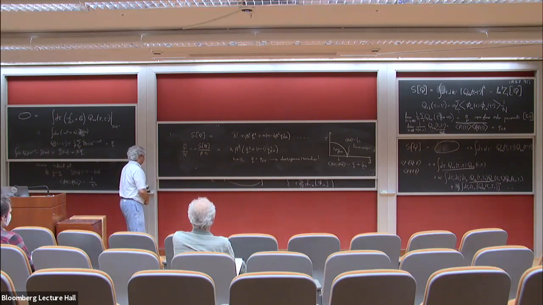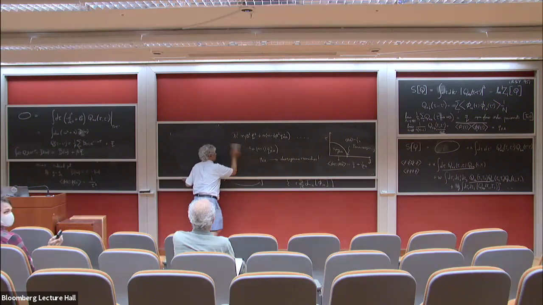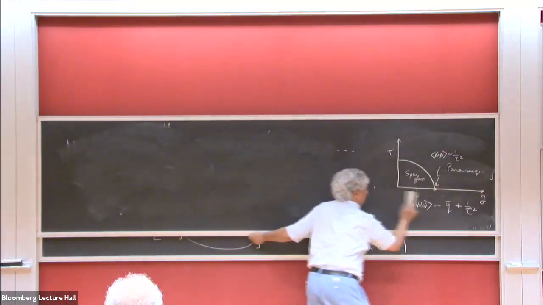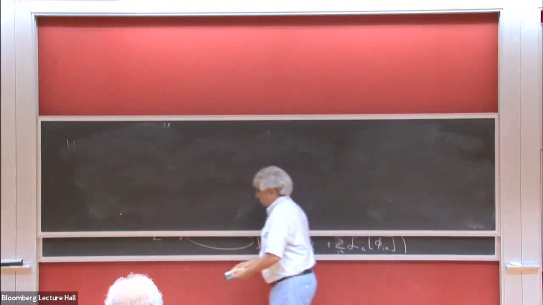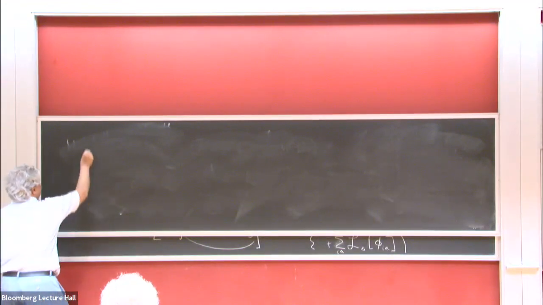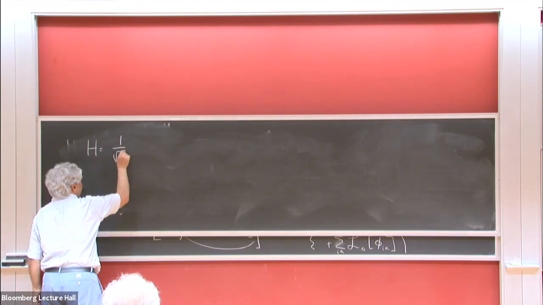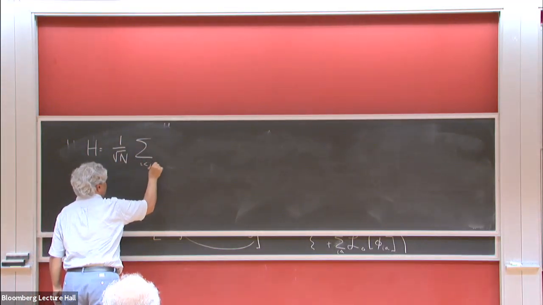All right, so let me just say a few more things about a different model then. So we'll take the following model. Again, 1 over square root of n, with i less than j, j equals 1 through n.